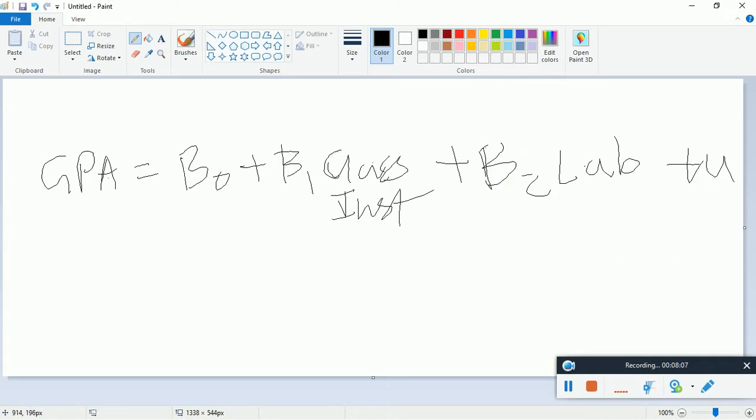So with lab, this beta 2 would be there, right? This would capture the effect on the GPA based on your lab session, and when lab is 0, you will get the effect without the lab, right?